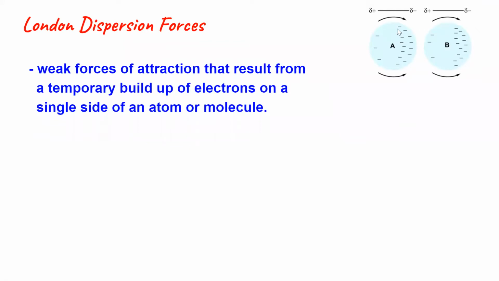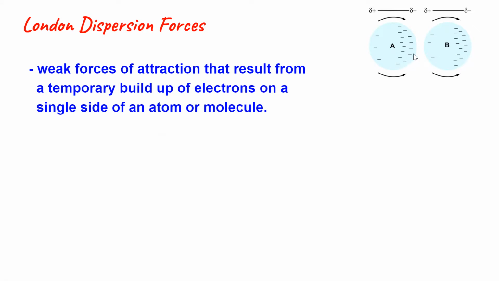And what happens is that electrons are moving around in atom A. Atom A and B are both the same type. So let's say they're both atoms of neon. So we have a temporary buildup of electrons on one side of the atom. So as the electrons are moving around in their orbitals, suddenly we have a buildup that's temporary of electrons on one side.